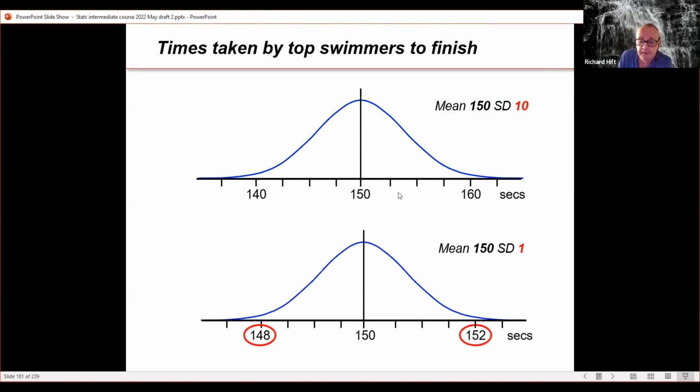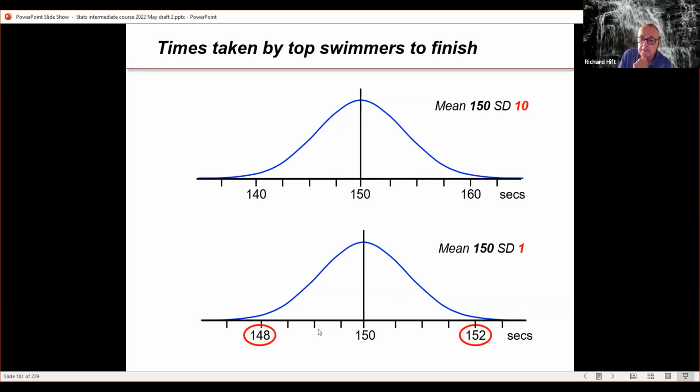Let's compare that with a situation where everybody was very much closer. If the standard deviation were 1 second, that means just about everybody finished between 148 seconds and 152 seconds, as opposed to 130 seconds and 170 seconds up top.